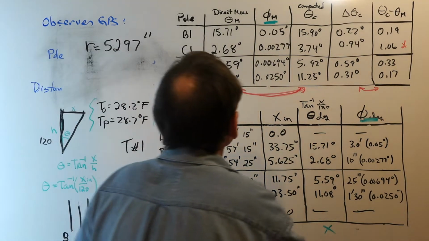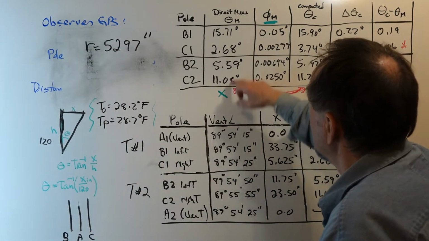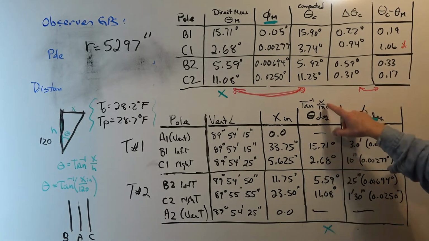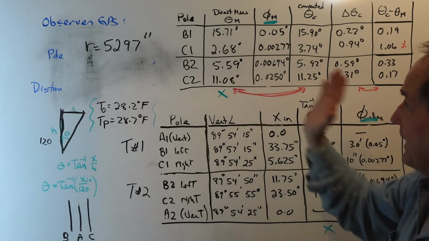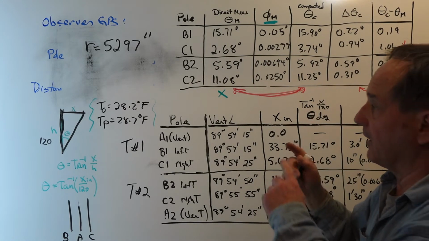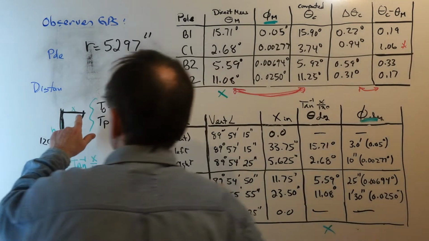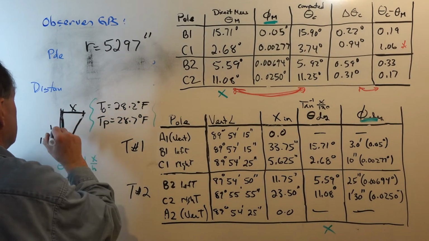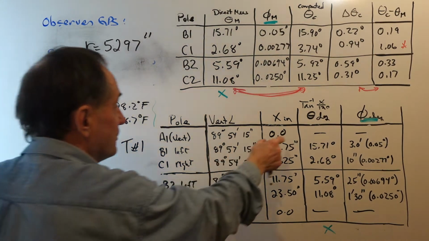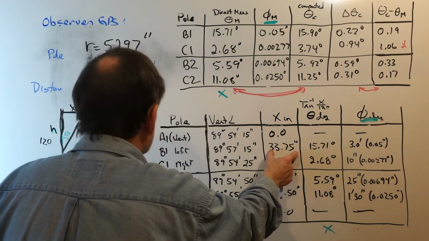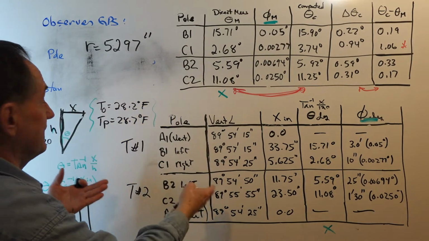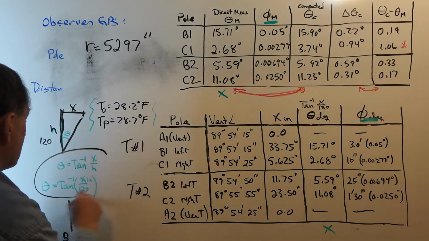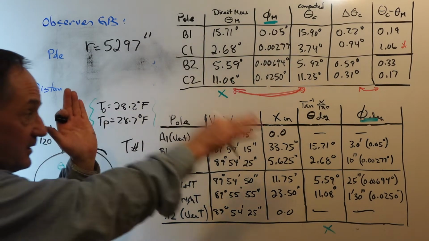You'll notice that this column here is the same as this column. This is the tilt angle computed from measuring the separation distance between the poles, just using the separation distance measured in inches, divide by 120, and then take the arctangent. That's what this computation is to give us the tilt angle.